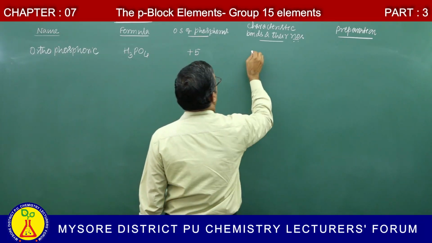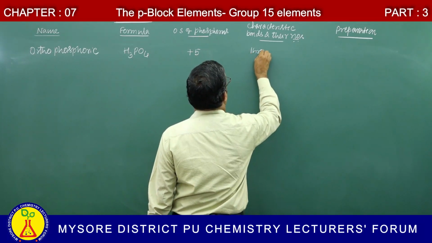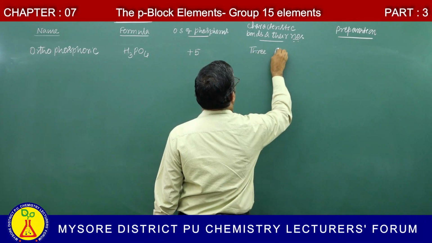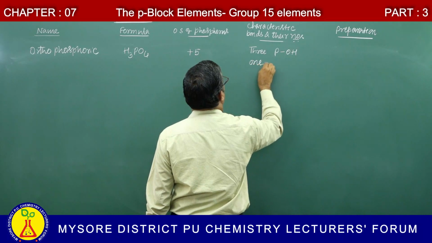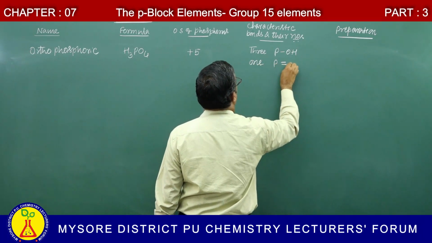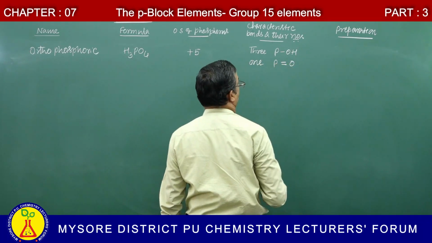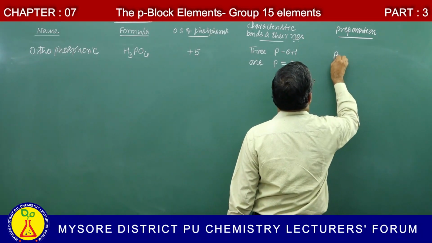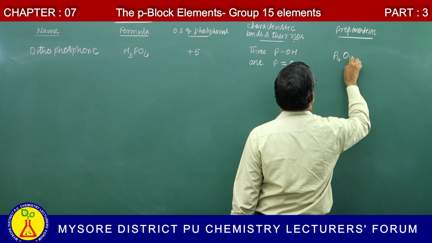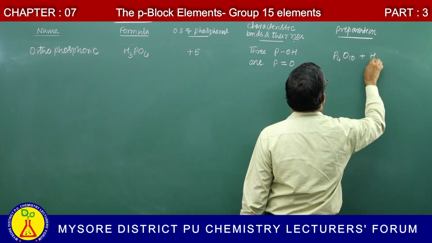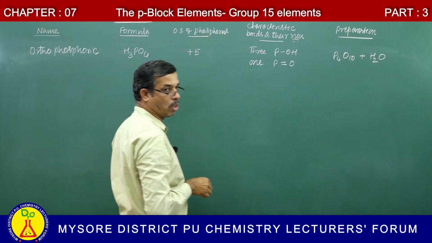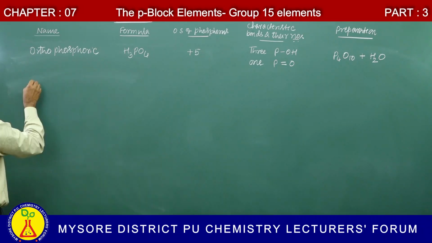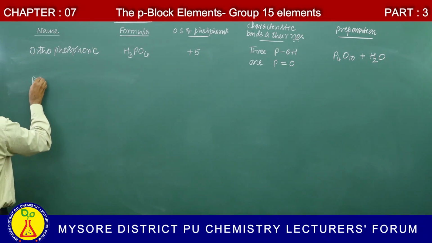Characteristic bonds: 3 POH bonds and 1 P double bond O bond. Preparation: P4O10 plus water. Next one, pyrophosphoric.